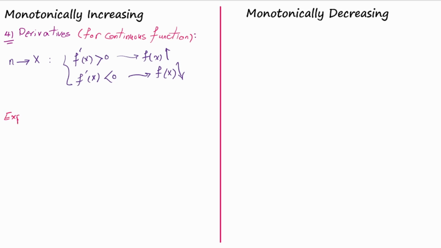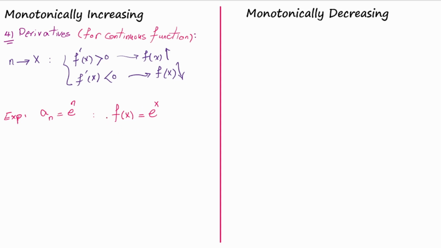Let's consider the example a sub n is equal to e to the n. By defining the continuous function for this sequence, we can write that f of x is equal to e to the power of x, which is a continuous function.